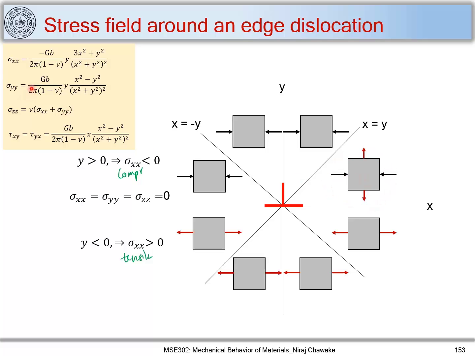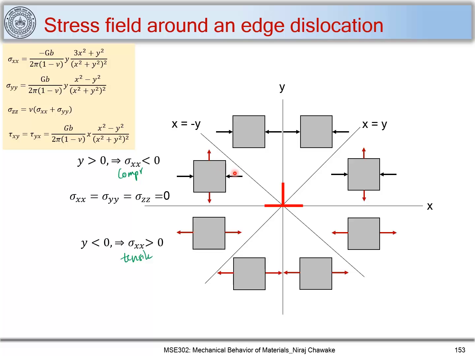When x is greater than y, this term is positive, and when y is positive you have sigma yy tensile in nature. So we have marked sigma yy to be tensile where x is greater than y and y is positive. Similarly, for this element x is greater than y, and for y positive you have sigma yy positive, that is tensile.